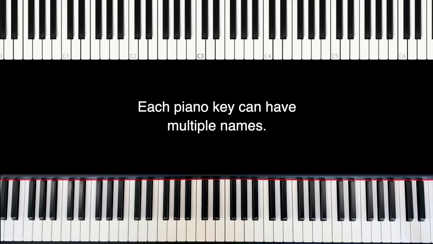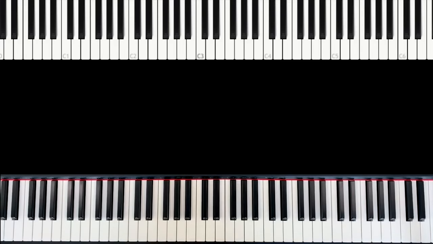I have lessons for this as well, where I explain this step by step and in detail. But it's a very complex topic, and it depends on the context if we call this key A flat or G sharp. But for now, it's totally fine that you understand that a note can have multiple names. And when I say, hey, we play the A flat now, you know that we play this one.